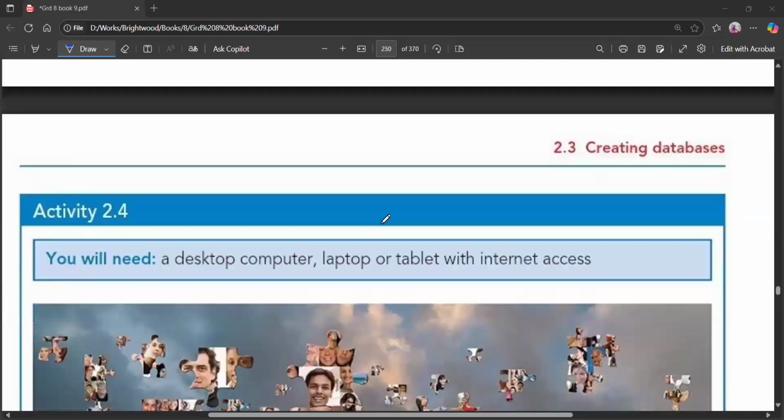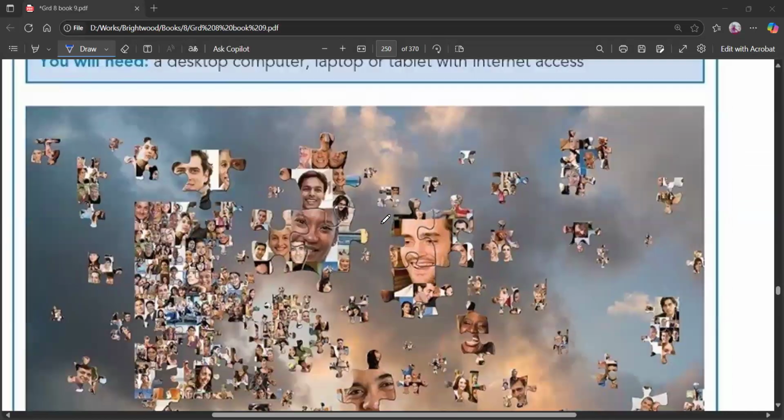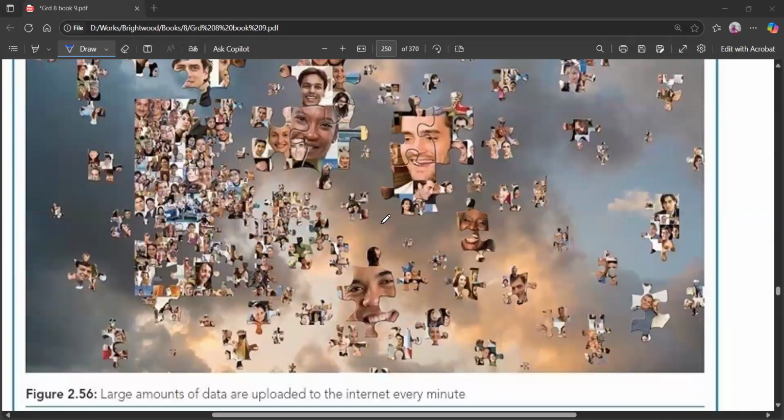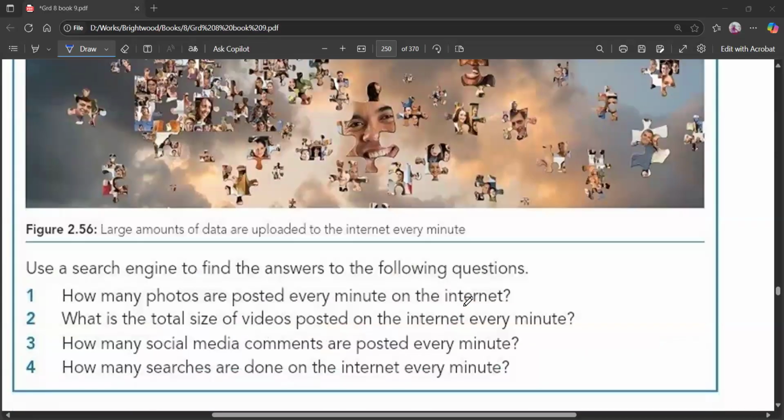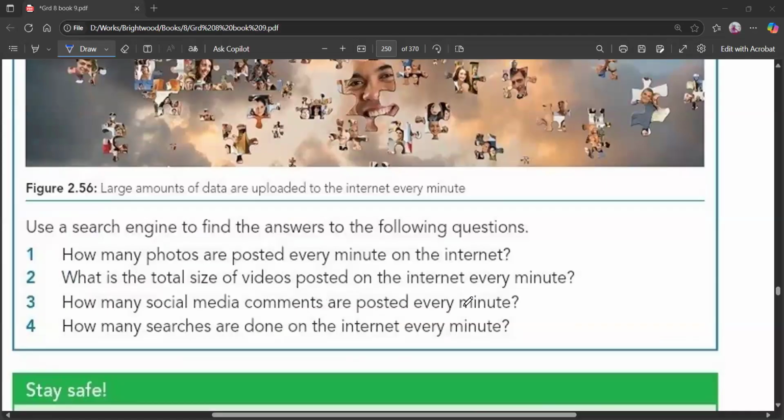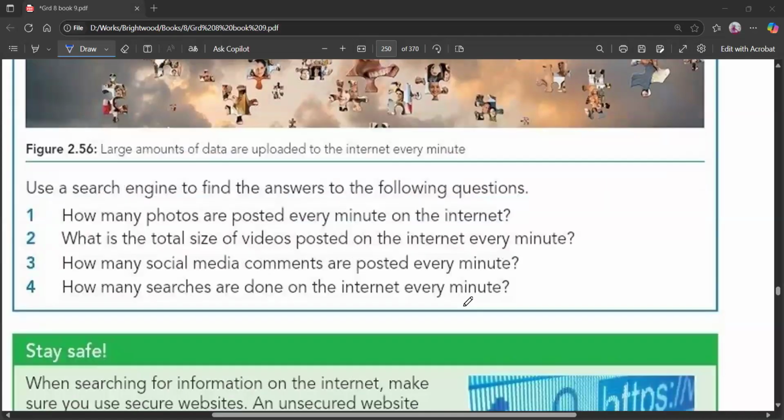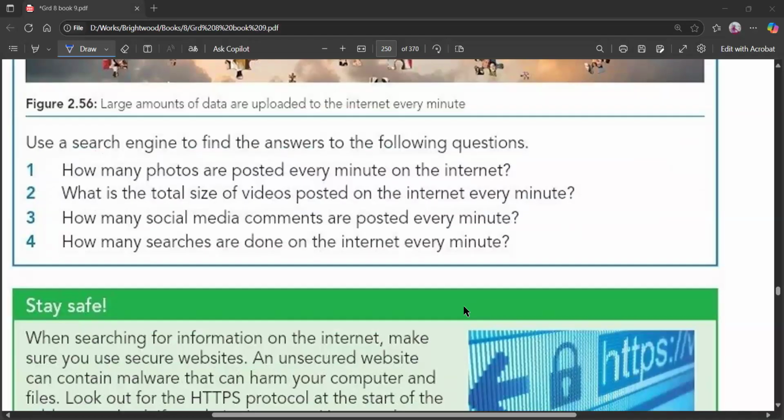Okay, so there is a large amount of big data. Use a search engine to find answers to the following question: how many photos are posted every minute on the internet?